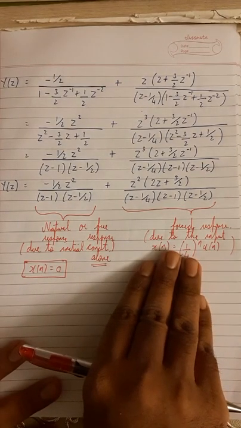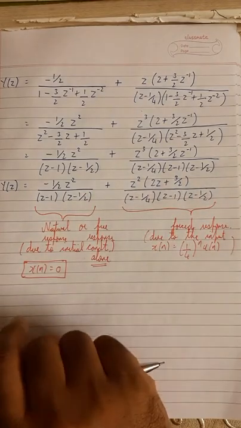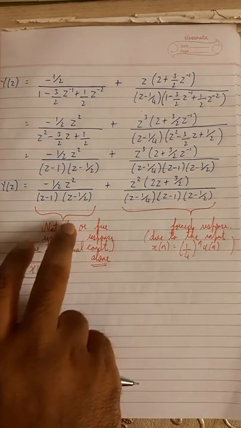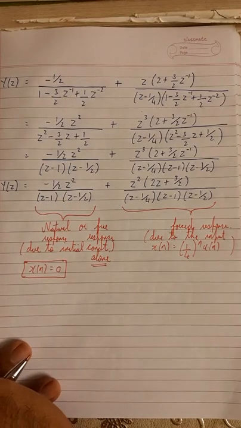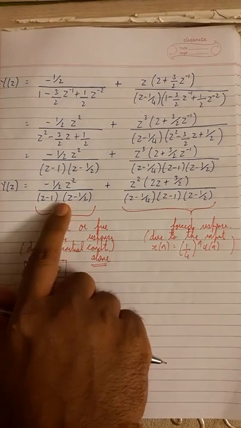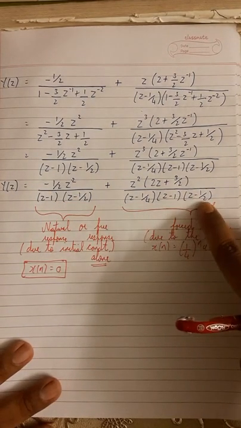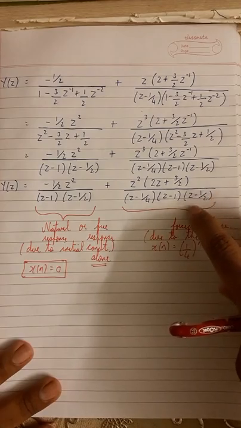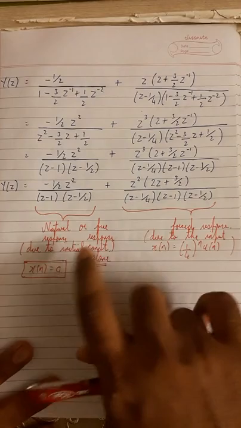So forced response means output of the system due to the input alone, and natural response or free response is the output of the system due to the initial conditions alone. So usually when we are finding only the natural response, we put the input equal to 0, and when we are finding only the forced response, we put the initial conditions equal to 0, and that's how we apply both the terms.